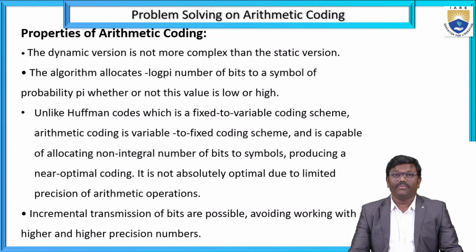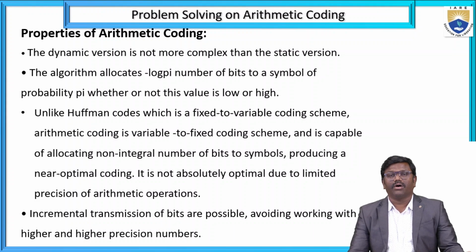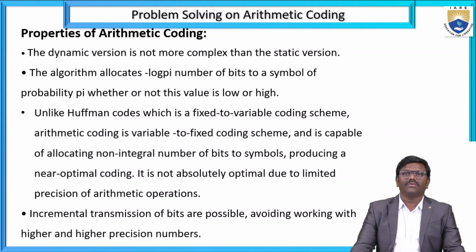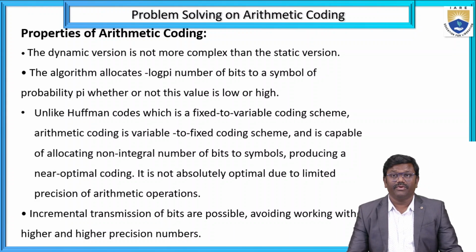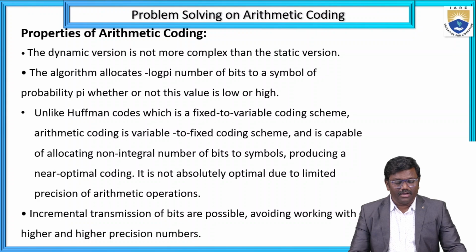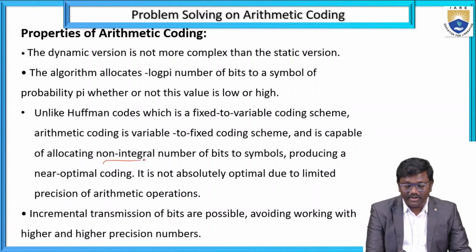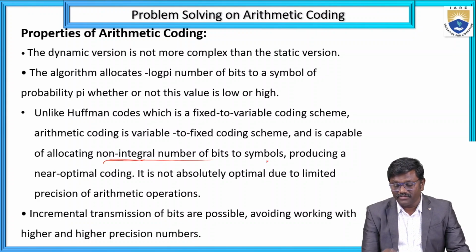The next point is that the algorithm allocates log of 1 by p_i bits to a symbol of probability p_i, whether this value is low or high. Unlike Huffman codes, which are a fixed-to-variable coding scheme, arithmetic coding is a variable-to-fixed coding scheme and is capable of allocating a non-integral number of bits to the symbols.